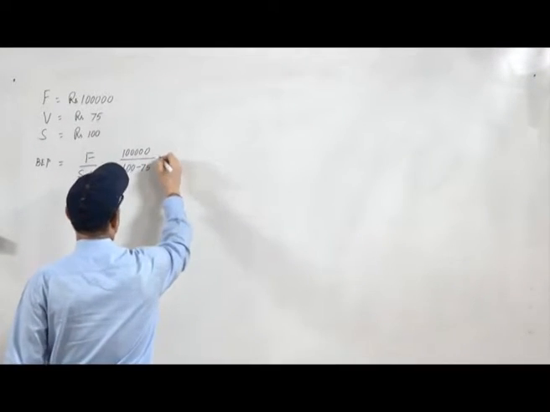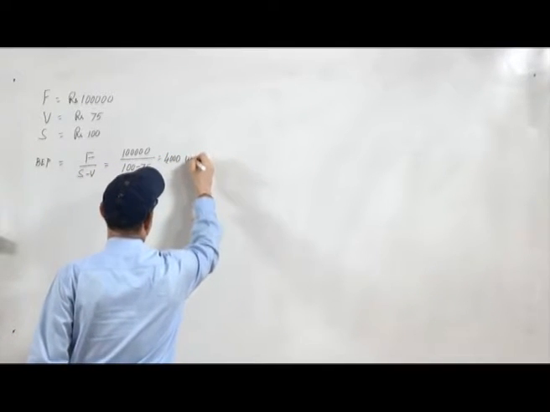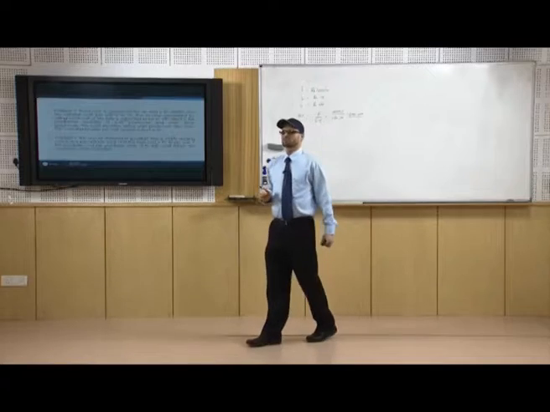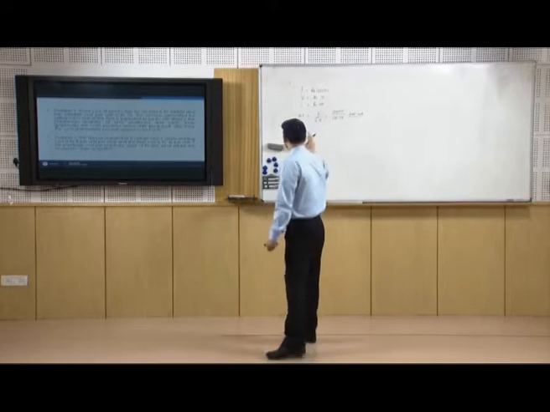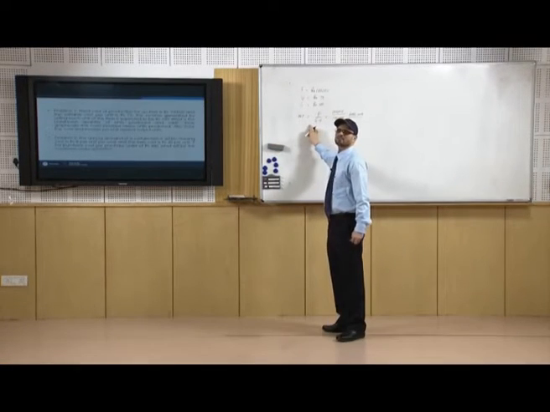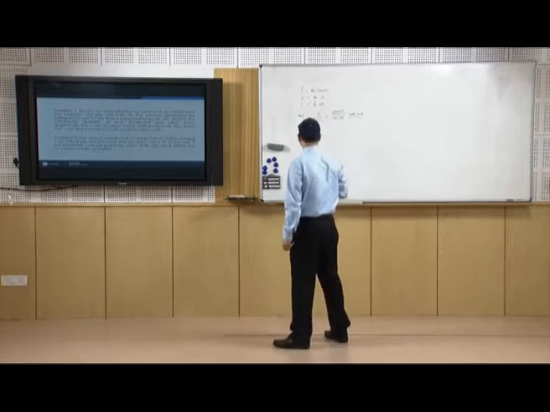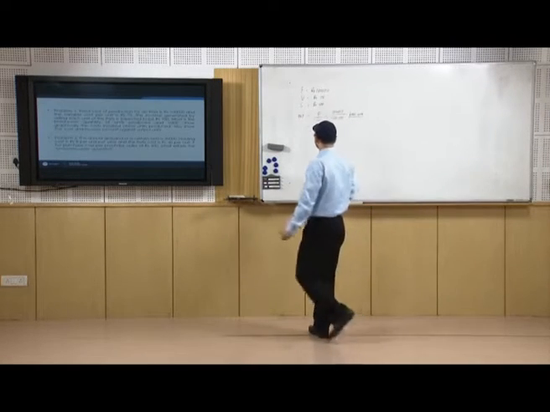So, it will be 4000 units. So, when we produce 4000 units and sell it, we are at the break even point, means there is no profit, no loss. Let us see in the tabular form how we can see that.